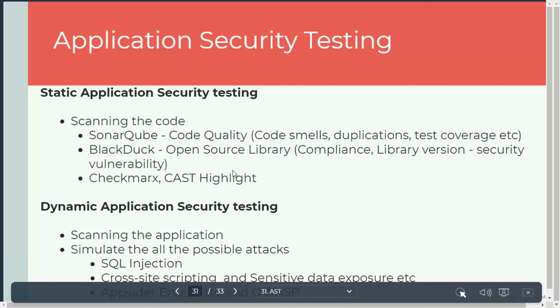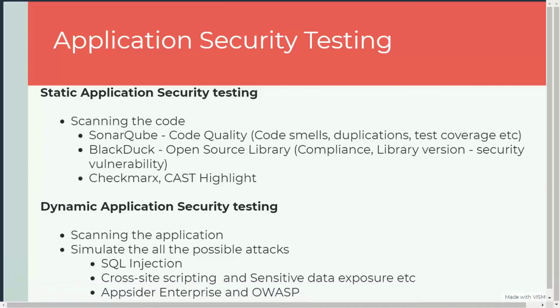And then the dynamic application security testing, this is for scanning the running application. For example, you have deployed the application, and the API endpoint is exposed to the internet. So whatever a real attacker would do, right? For example, if I want to hack some public website, maybe I will just log in through the Google Chrome browser, and I will see what are all the open vulnerabilities in that application.